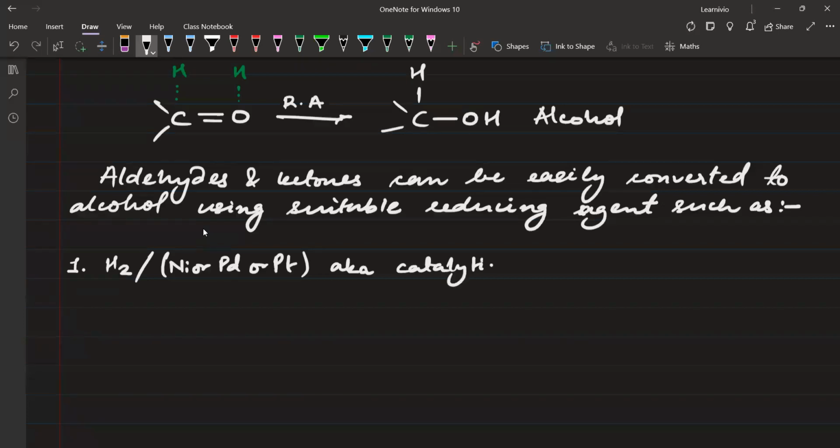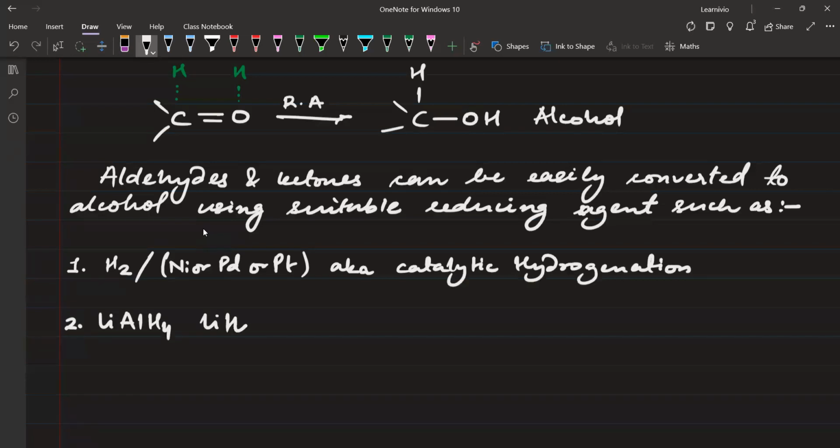Okay. Again, you can get a question like this: what will happen if acetone undergoes catalytic hydrogenation? So you should know what catalytic hydrogenation is. Second is lithium aluminium hydride, which is LiAlH4.